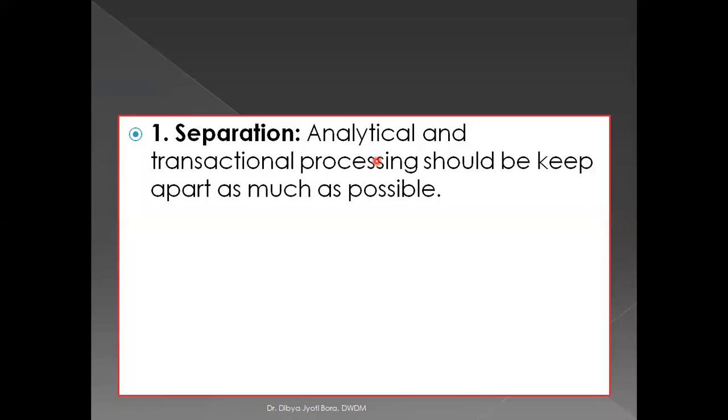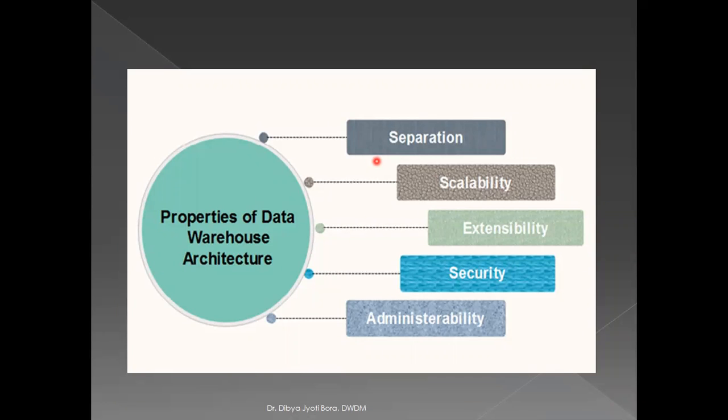So separation, nothing to explain. You know why we are trying to divide this data warehouse architecture into different types. Separation is needed. In the case of the first basic data warehouse architecture, you cannot see any separation. Whenever the architecture is being improved, you will see separation between the different layers, like the input and the data warehouse, and the data warehouse and the users.